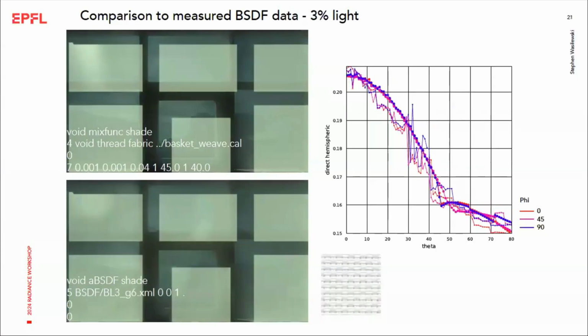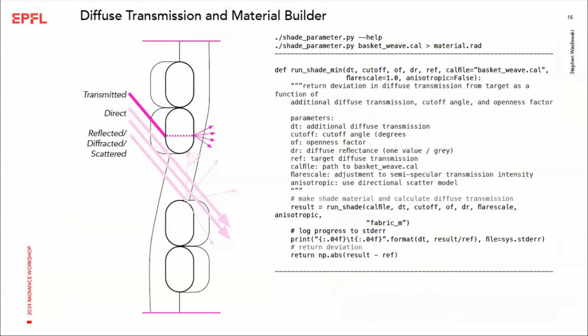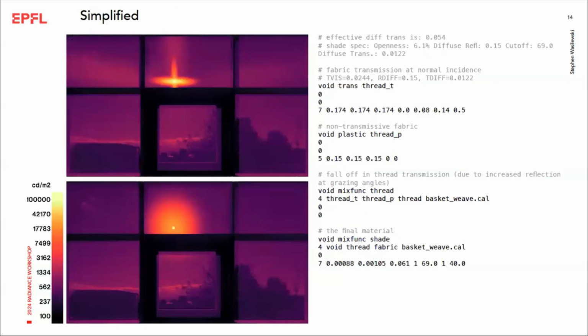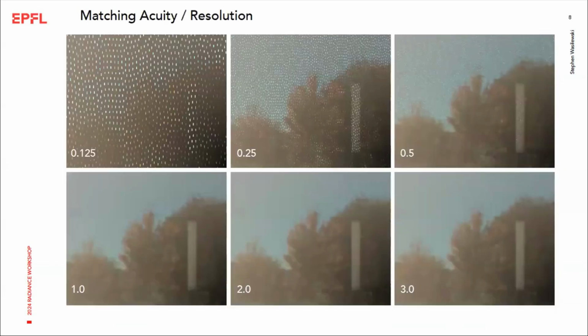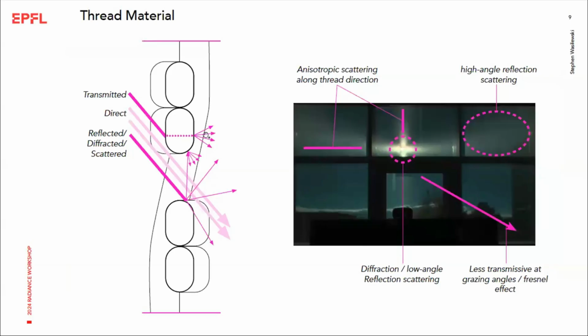And so the trans material, so here in the simplified model, it does have a diffuse transmitting component to handle the very high scattering.